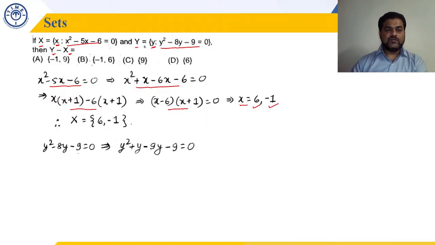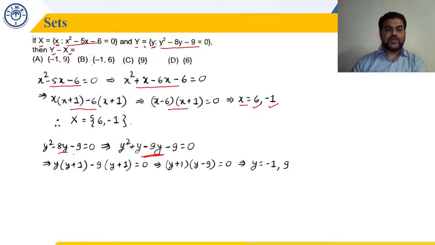Similarly, solve for Y. This is a quadratic equation in y. Split the middle term, then simplify it, take common terms, then simplify further, and you will get y as minus 1 and 9. So this set capital Y contains again two elements, minus 1 and 9.